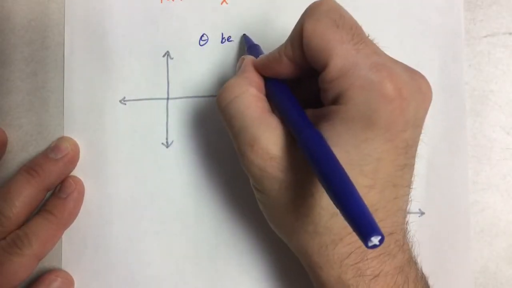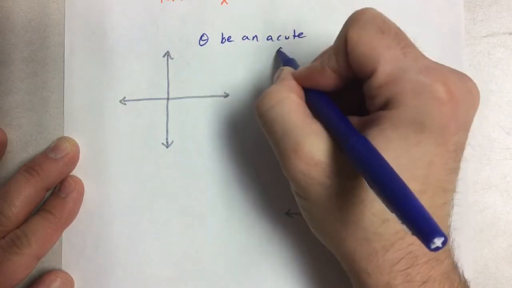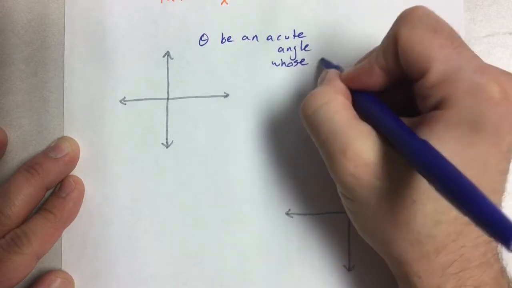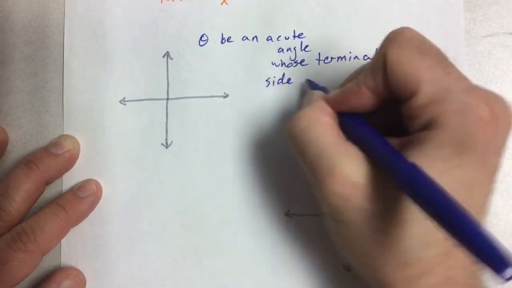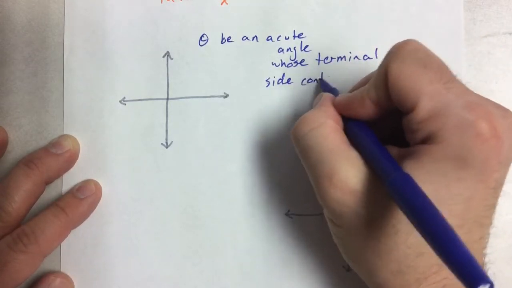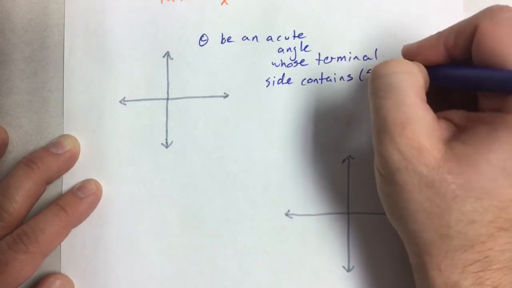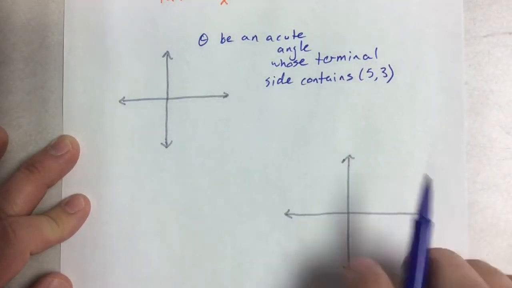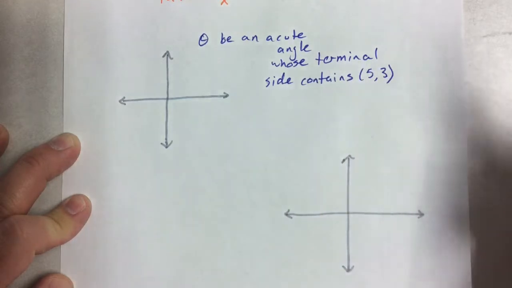Let's let it be an acute angle whose terminal side contains, for this first example, 5, 3. Now that's going to be the typical directions for most of these problems. Let theta be an acute angle whose terminal side contains 5, 3.